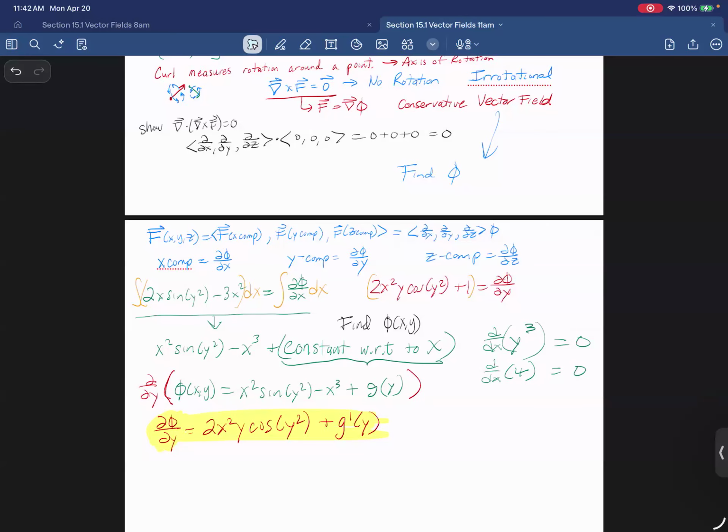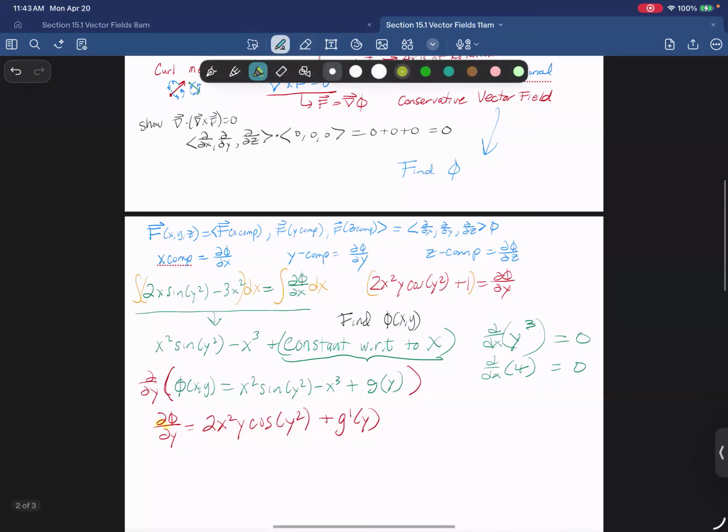So we had a d phi dy up above. This d phi dy is the same as that d phi dy, because they're both the same potential function, which means this should equal that.